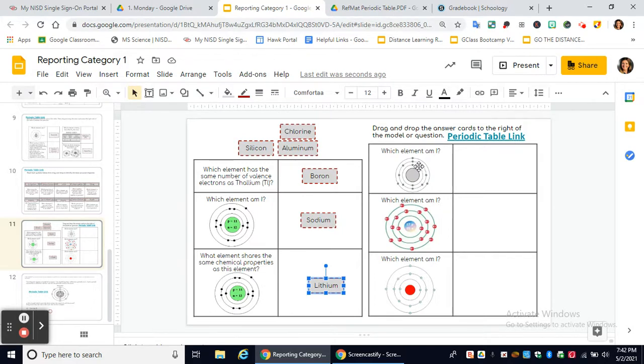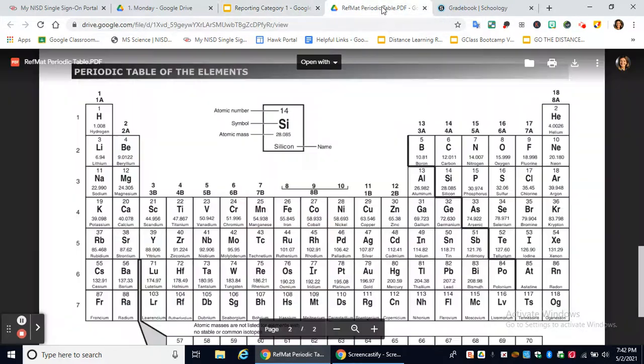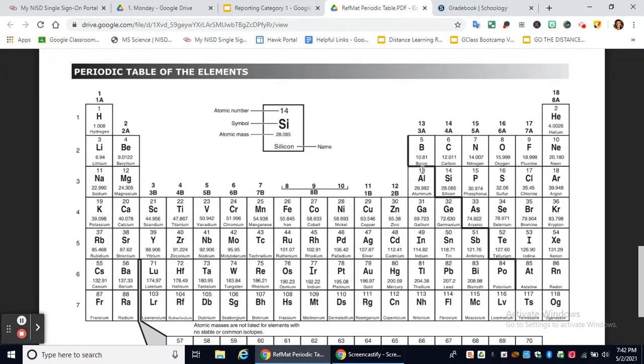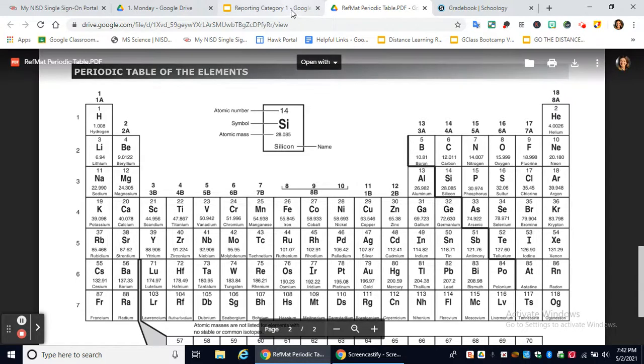I have 2 in the first shell, then I have 8 in that second shell, so that's 10, 11, 12, 13. I have 13 electrons, so I have 13 protons. So let's go identify the element. So the atomic number is 13. Okay, 13 protons, 13 electrons.